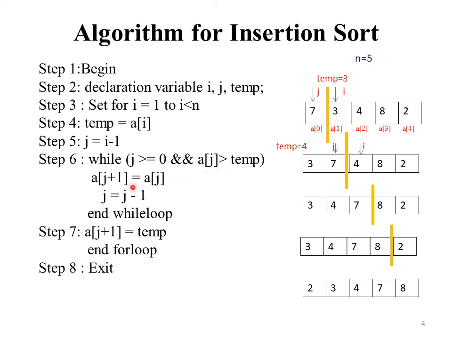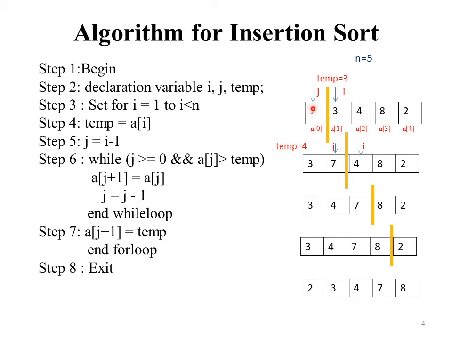So we enter this statement. The statement is a of j plus 1 is equal to a of j. Now the value of j is 0, so 0 plus 1 is 1. So a of 1 is equal to a of j, and a of j means a of 0.